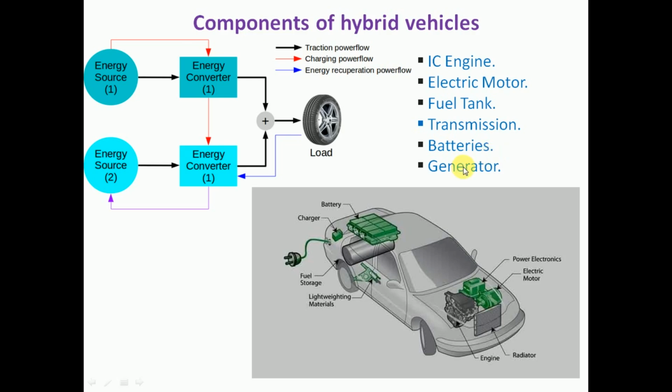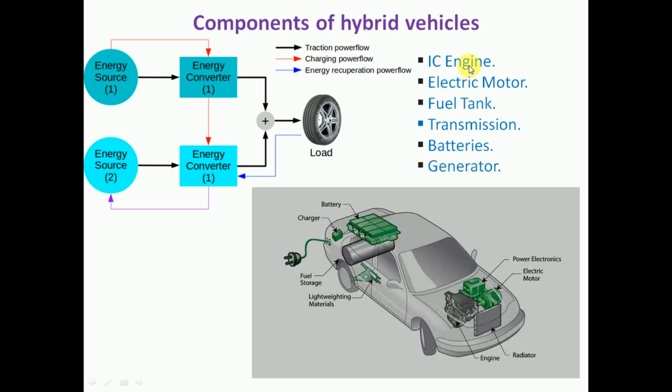The generator is an additional component used in this hybrid vehicle, that will generate the electricity and supply it to the battery to charge it whenever the vehicle is running on the internal combustion engine.